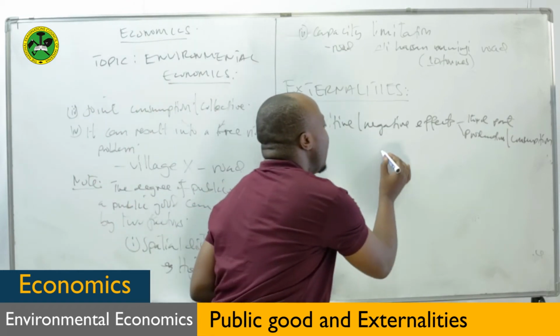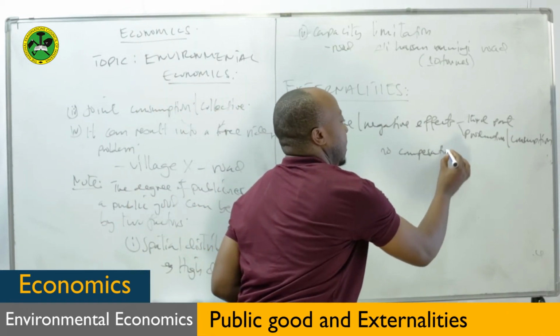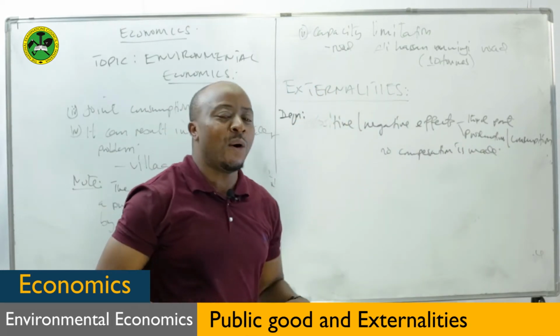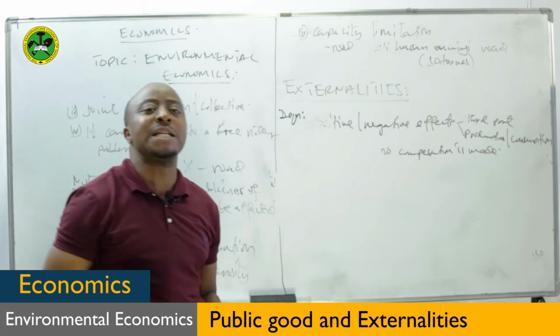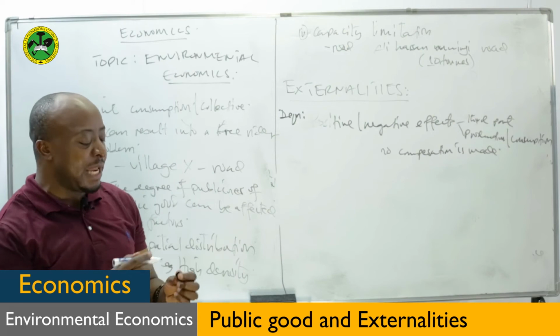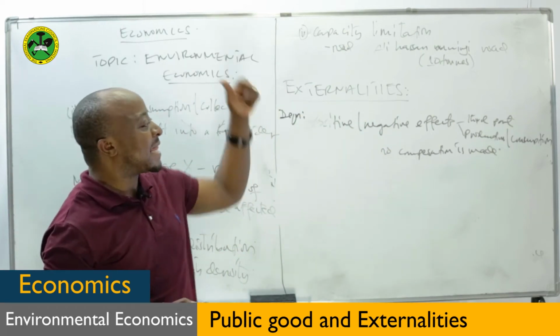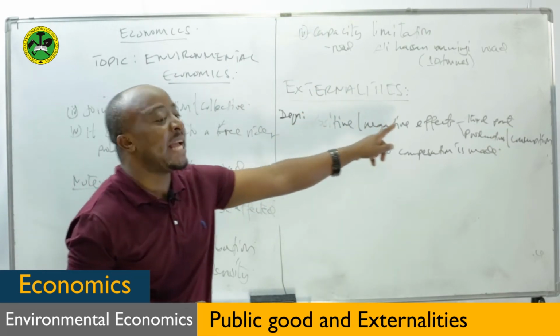That means no compensation is made. It means you cause that effect to the environment or to another person, but you don't make compensation. Because the effects are two, positive or negative, the third party can be affected positively or negatively.